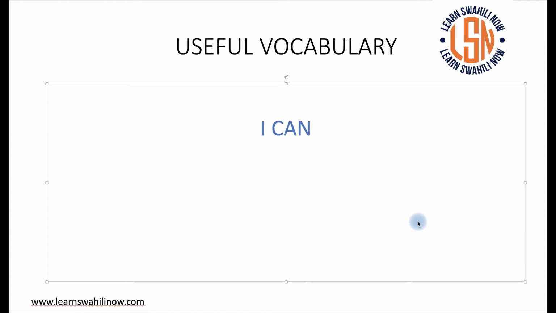Okay, so when you really think about it, to be able to simply means can, okay? So how do you say I can? Now we're introducing the subject I. We will say ninaweza.